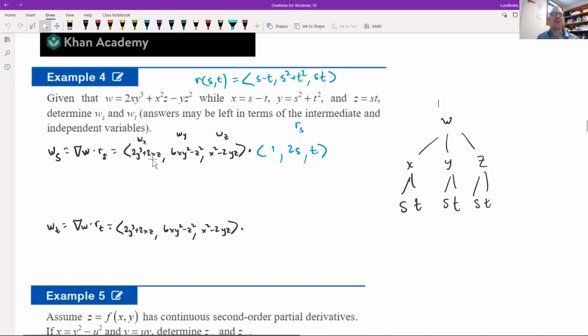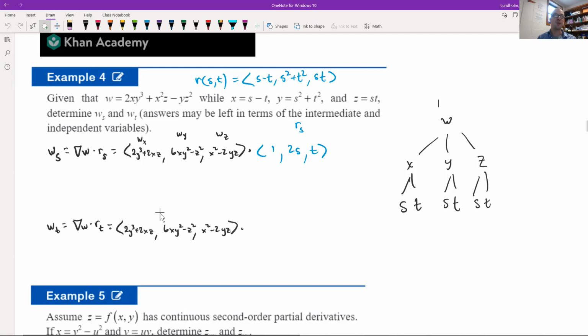So we have our dot product to do, and just taking the dot product would give us that partial derivative of stuff. And if you want to be really complete after having done this dot product, you could substitute in s minus t for x, s squared plus t squared for y everywhere you see it, and s times t for z.